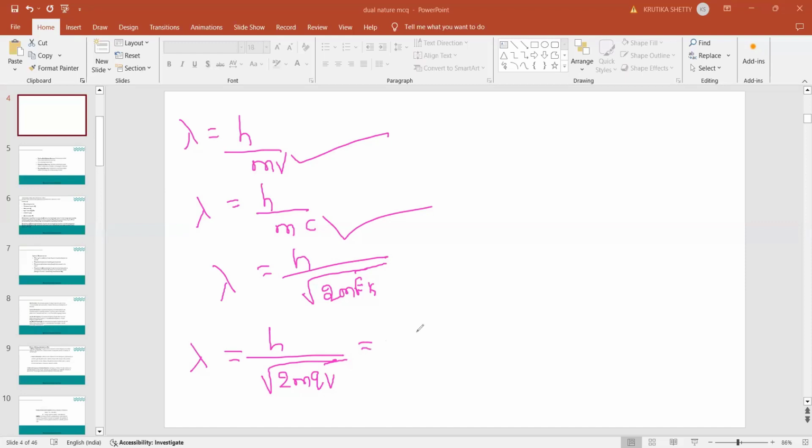If it is an electron, instead of charge q we can take 2m into e into v, where m is the mass of the electron and e is the charge of the electron, under root of v. So whatever potential they give you, the lambda value depends on the potential. Because h is constant, 2 is constant, m is constant, e is constant. So we can say that lambda is inversely proportional to root of v.